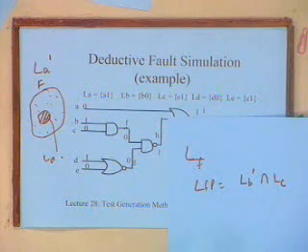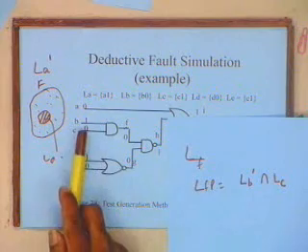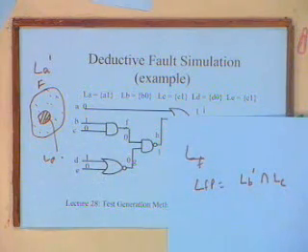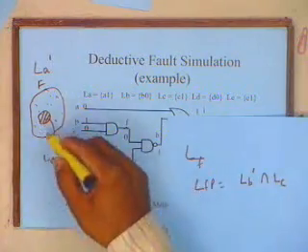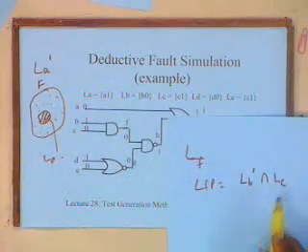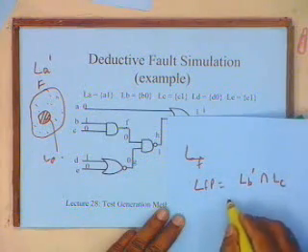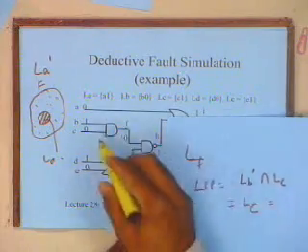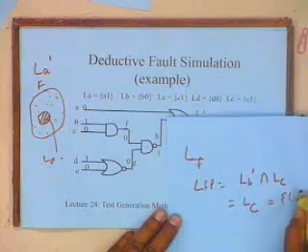Now let me explain how it works. LB complement is nothing but all faults which are not there in LB, and when I take intersection with LC, this is going to be nothing but LC, and LC was C1.